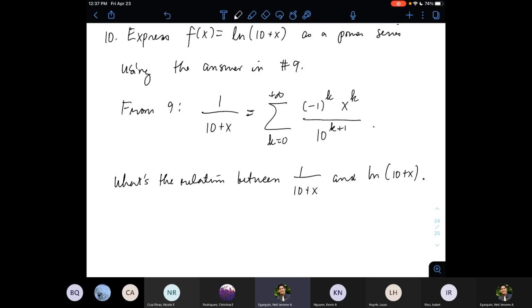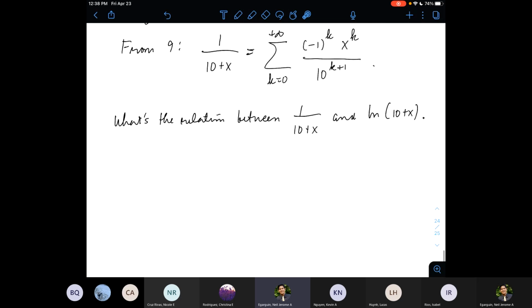Because once I know the relationship between them, I can engineer this series into a series that is apt for ln of 10 plus x. All right. Now you have a rational function, you have an ln, so this screams integration.